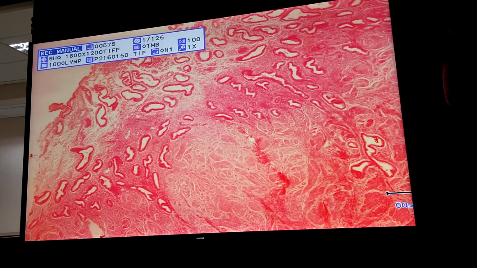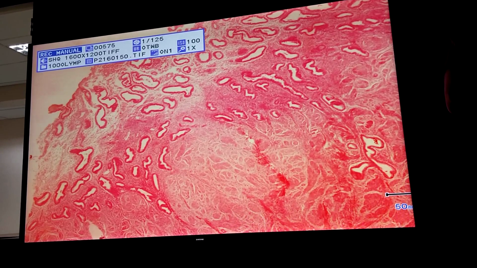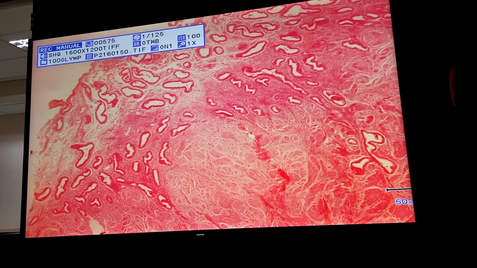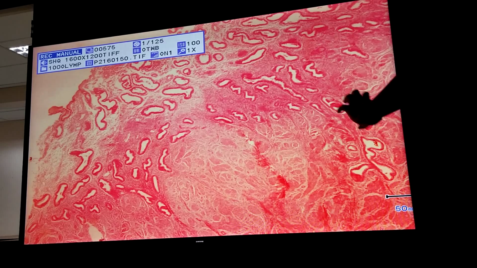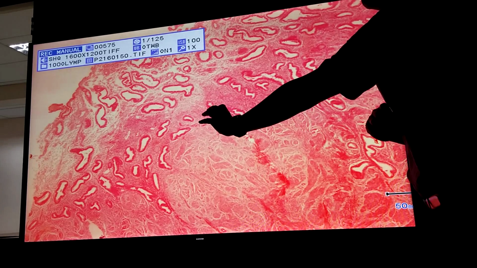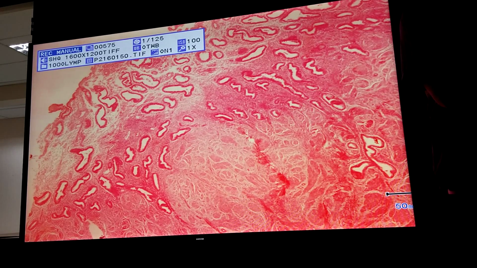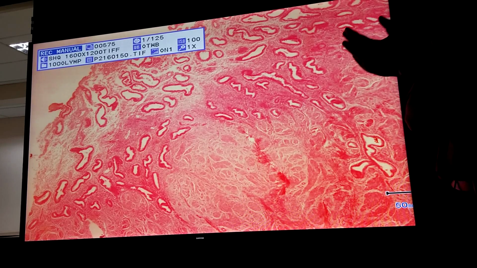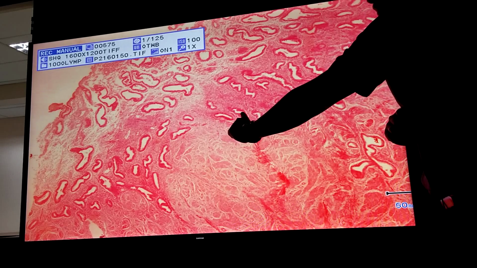Those will be the characteristics of the endometrium in proliferative phase. If you want to see proliferative phase endometrium, just examine the basalis layer. Because the basalis will not respond to progesterone. It will always be in the proliferative phase.